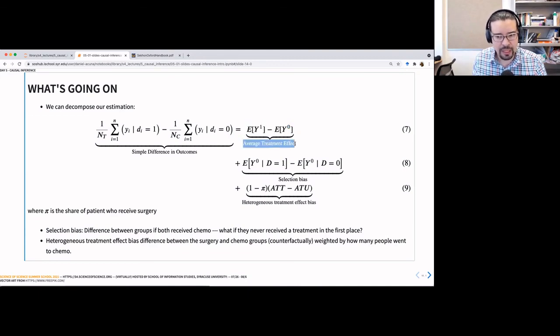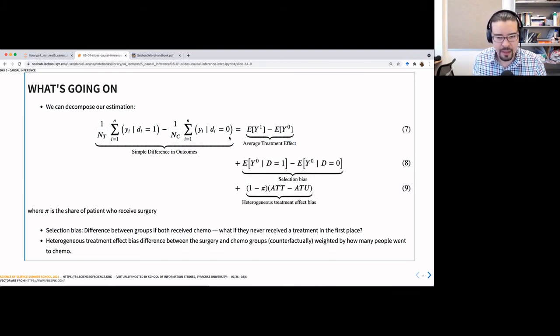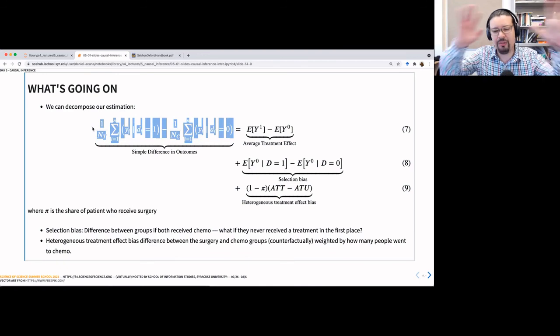Remember, this is what we would like to know. But it has these two biases. Essentially, what this equation is saying is that the observation has biases, and the whole idea of causal inference is to get rid of these biases.